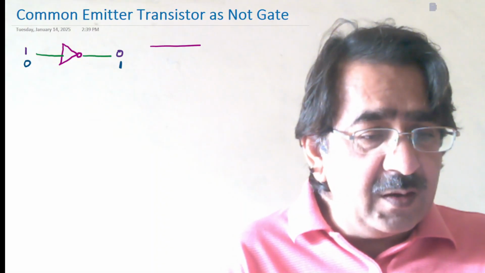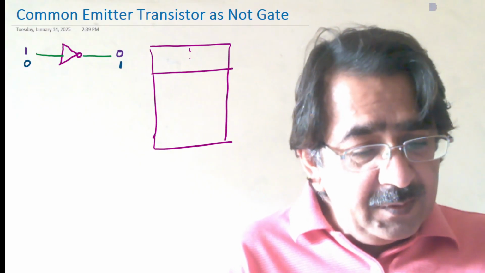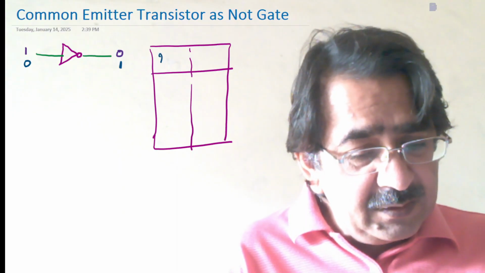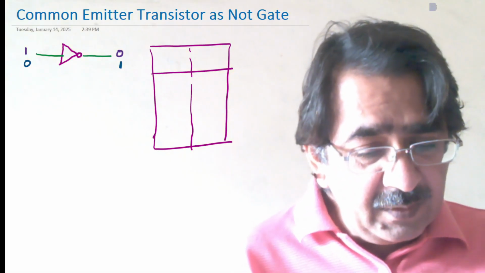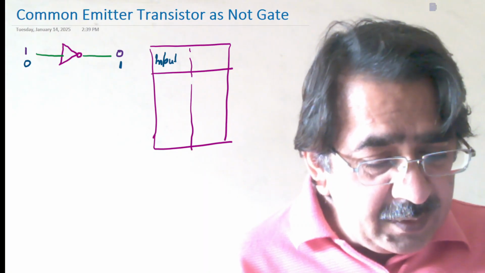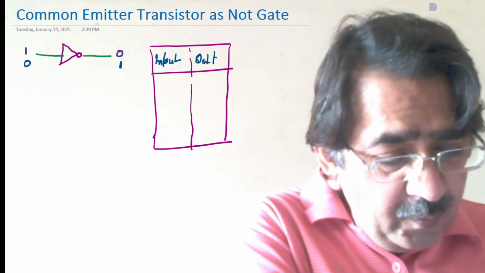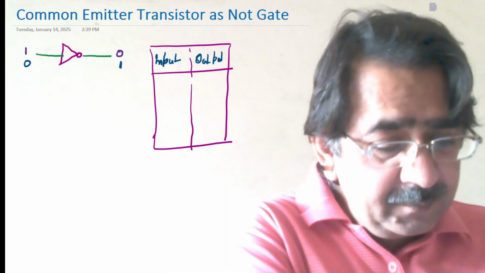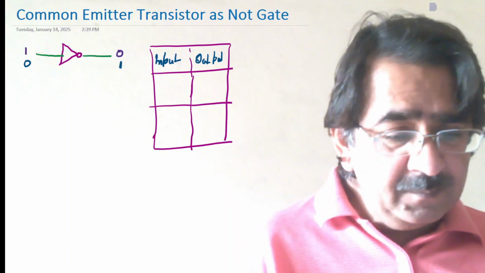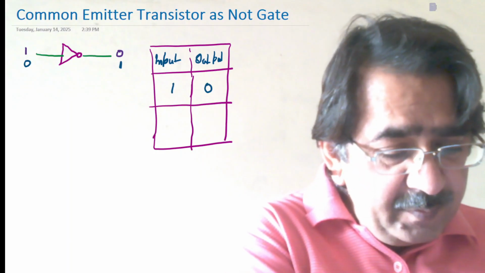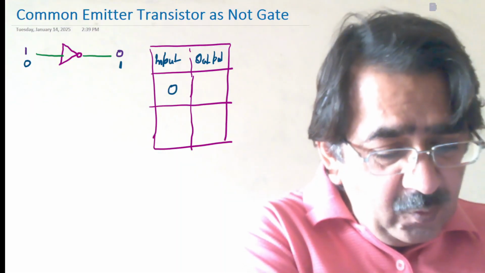So you may say that the truth table for this gate will be, if this is input and this is output, then for this transistor, if the input is 0, then the output will be a 1.